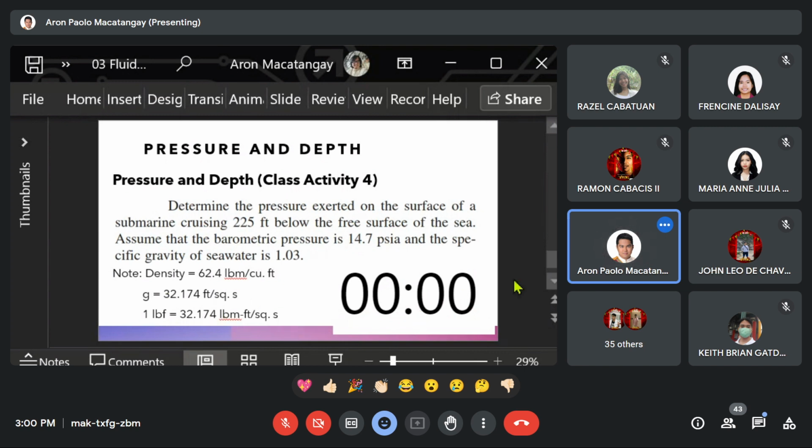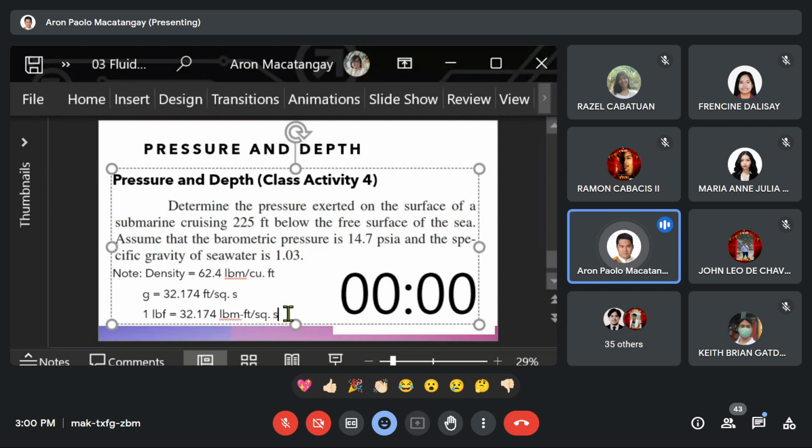So, let's try this. A similar way, but the units are different now. Determine the pressure exerted on the surface of a submarine cruising 225 feet below the surface. Assume a barometric pressure of 14.7 and a specific gravity of 1.02. To help you, this is the density, this is the gravity, then this is the conversion.